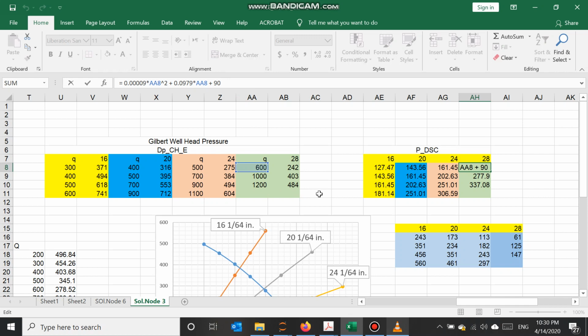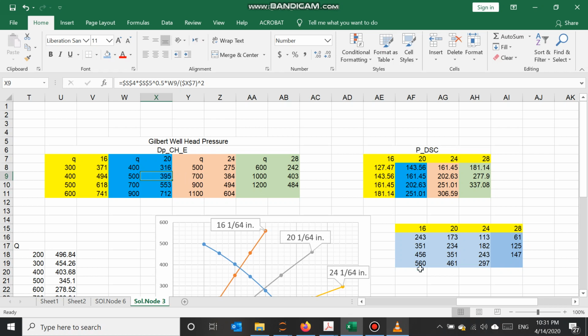Now we have, for example, for the bean size 20, Gilbert predicts analytically that the P wellhead should be 395 psi to circulate your fluids, oil and gas, through the choke, through the flow line, and overcome the separator.